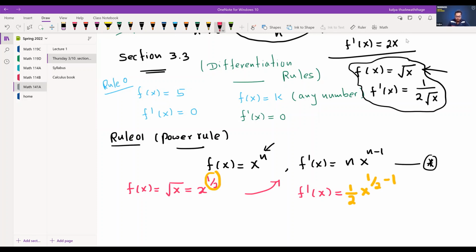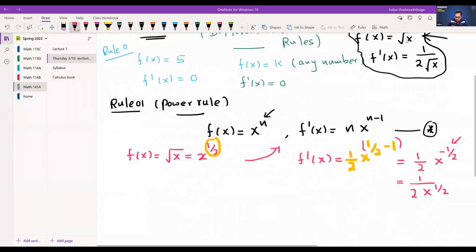Is it clear, Pedro? Yes. So you get half x to the power minus half. Then you get 1 over, you can make the minus into a plus by taking it down. We got the same answer, which is 1 over 2 square root of x.